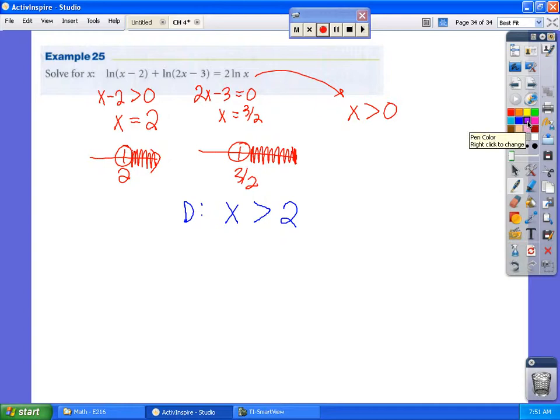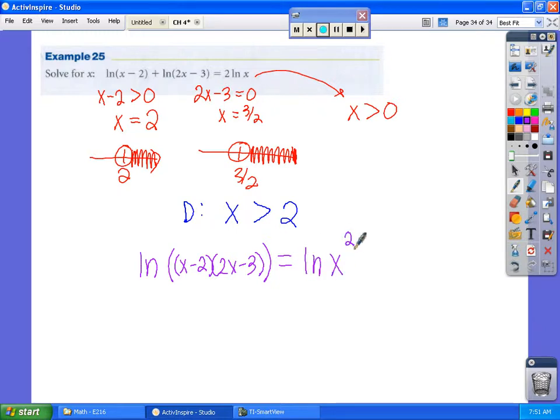So on the left side is a sum. So I'm going to do x minus 2 multiplied by 2x minus 3 equals ln of x squared. Now this is nice because once you condense, they both have an ln, and I'll show you the step, but really you get to just bring down the powers.